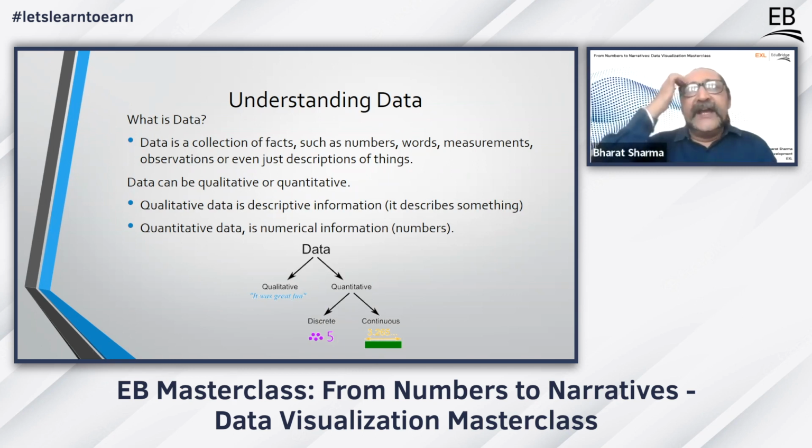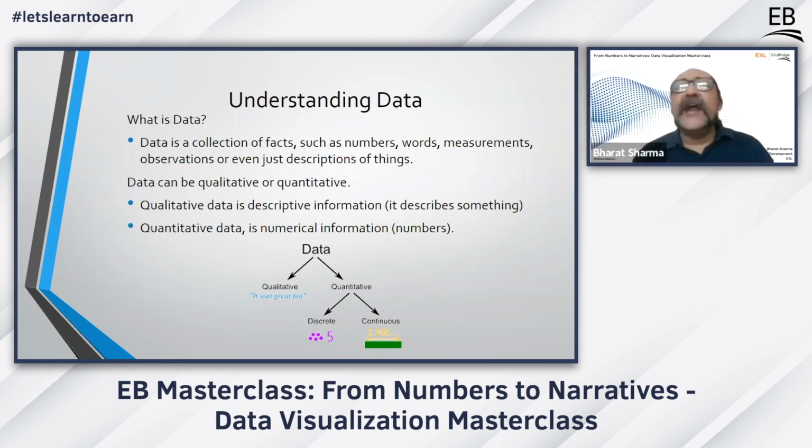Now, qualitative data is something which is not easy to measure, because it always tells you about the quality of the measurement or the quality of the subject from which the data is being collected. It is describing something, or giving information about something. On the other hand, quantitative data is more in numerical form, right?